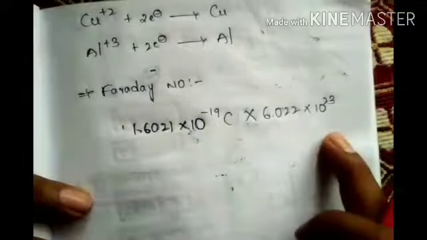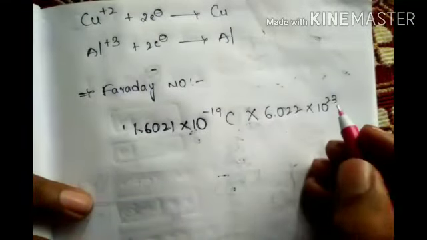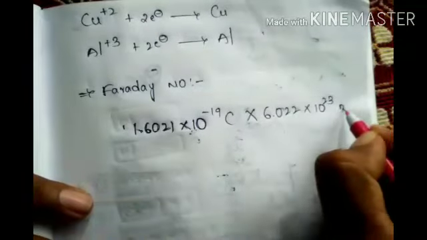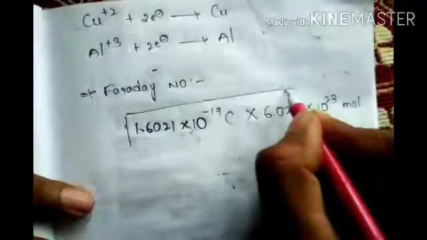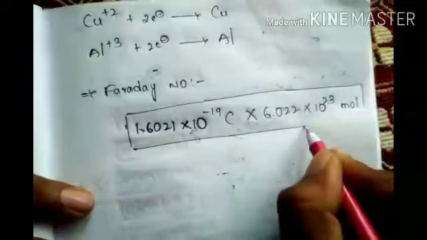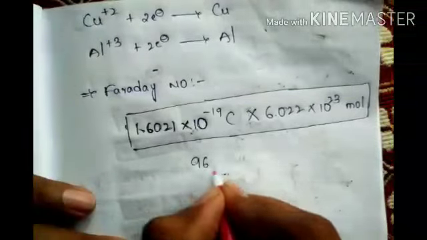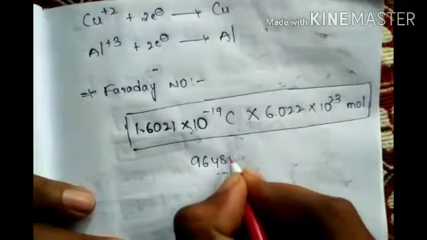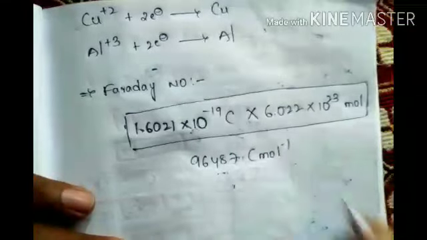If you calculate this number, it comes to 96487 coulombs per mole.